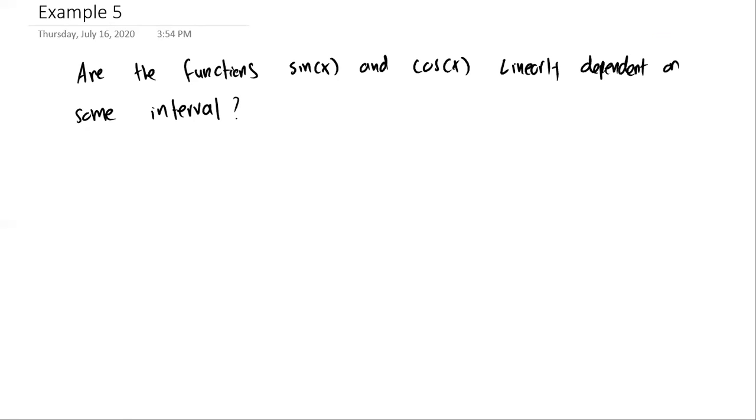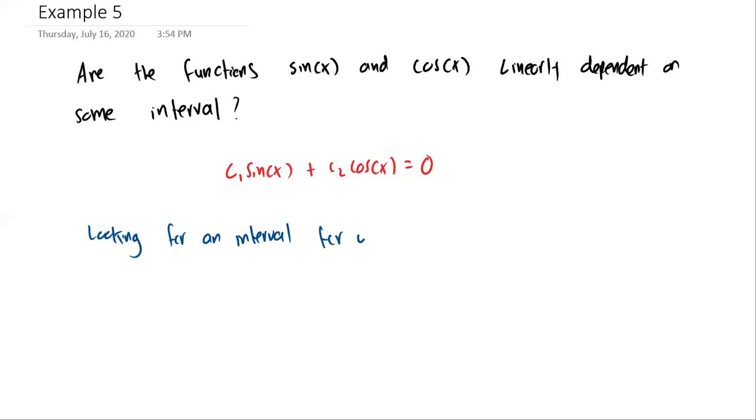Again, always the first thing you want to do is look at this equation here. So write a linear combination of the two functions you're working with. And for linear dependence, you're looking for an interval for which not all of C1 and C2 are zero.